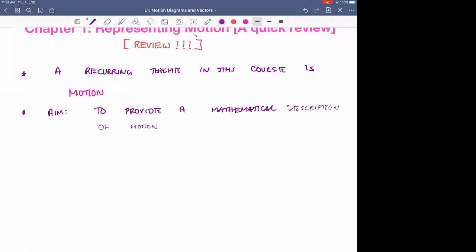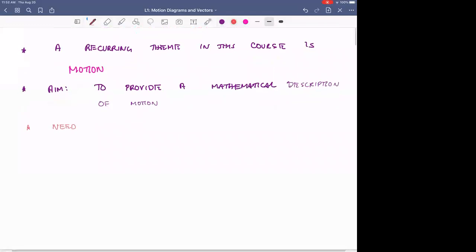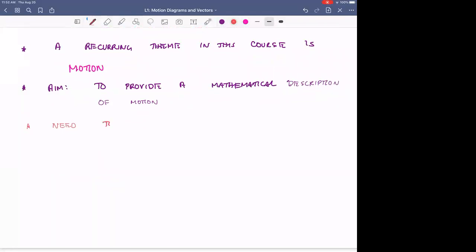And in order to provide a mathematical description, what we would need is to define, obviously, mathematical quantities, or these are also called physical, that means something that you can measure, quantities.